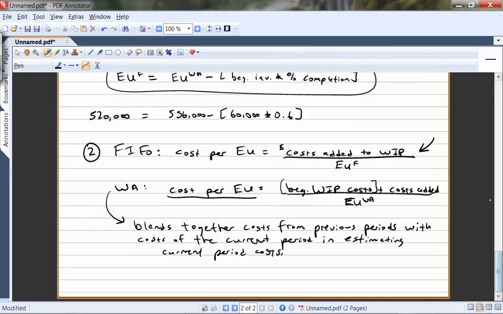So this is the idea, and this is why FIFO is preferred to weighted average. When I do this, I don't mean that the estimated costs are greater. No, I mean it's preferred. Because of this reason right here.